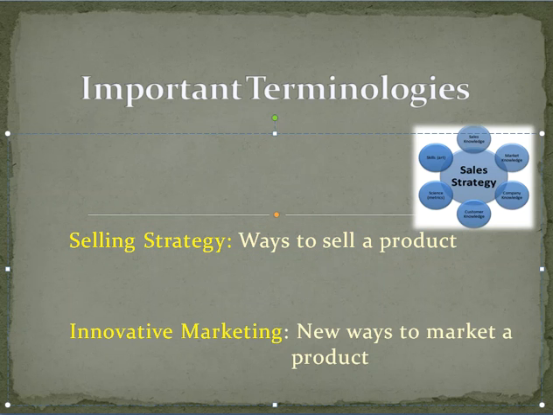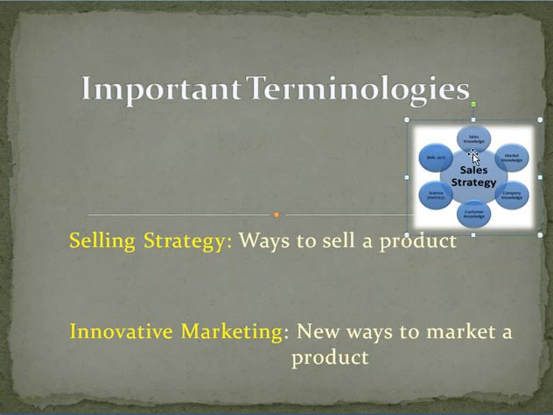Like when we have a product ready to sell, we need to find out the ways. How can we sell that product? For example, we have candles. There are lots of candles from different companies. So why do people buy our candle? We need to think about that. And there are some pictures of sales strategy you can find here.